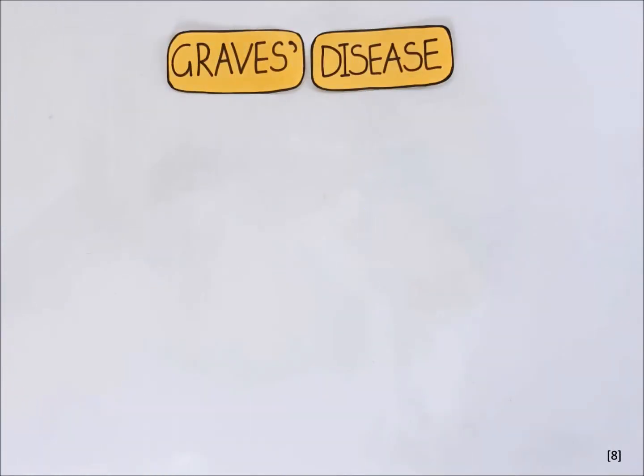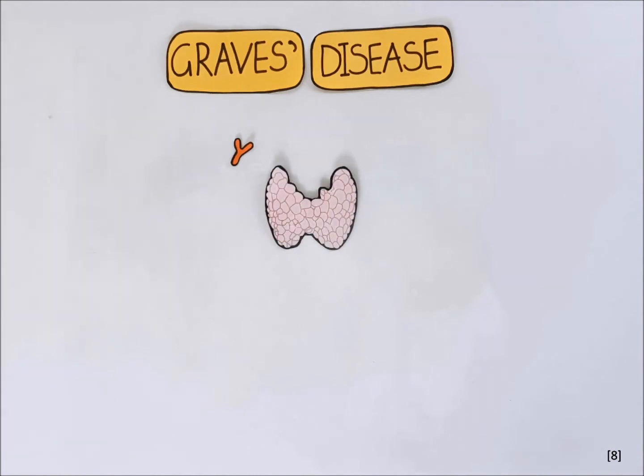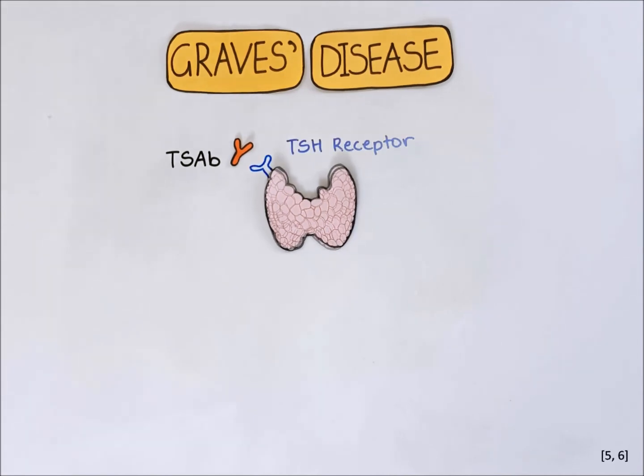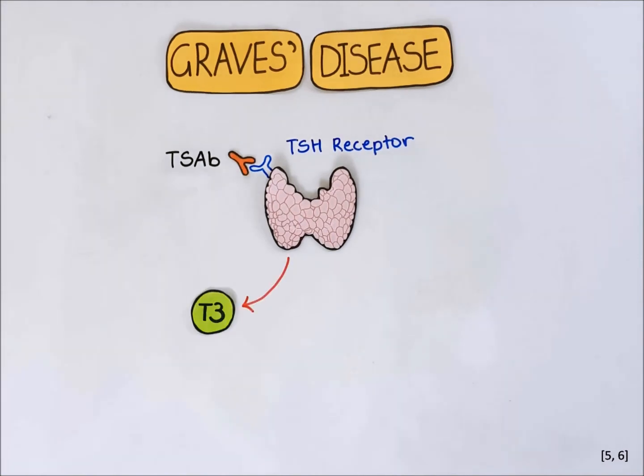In Graves' disease, the body makes abnormal antibodies that are directed against thyroid follicular cells. However, rather than marking these cells for destruction, as antibodies normally do, these so-called thyroid-stimulating autoantibodies, or TSABs, mimic the action of TSH and increase target organ activity. So these TSABs bind to the TSH receptors on the thyroid gland, stimulating it to increase the production and release of thyroid hormone.